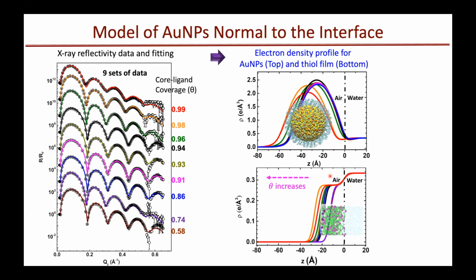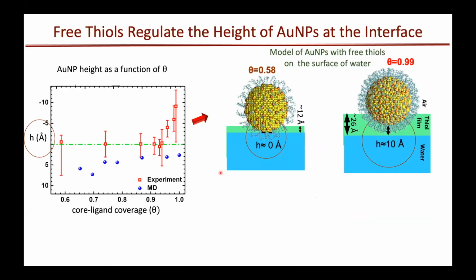And as the concentration increases, the height from the water surface and the thickness of the thiol films, this height parameter is getting larger. The reflectivity fitting shows that below about 5% coverage, the core sits directly on the water. As you reach about 90%, the nanoparticle moves away from the water.